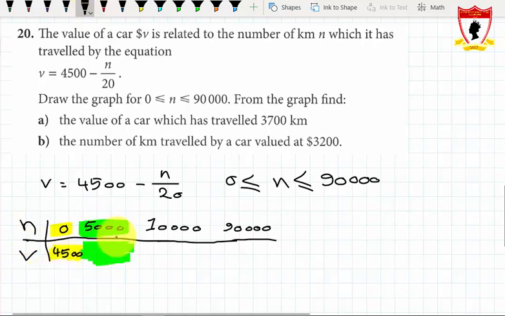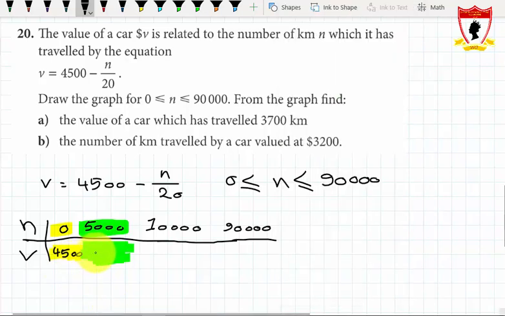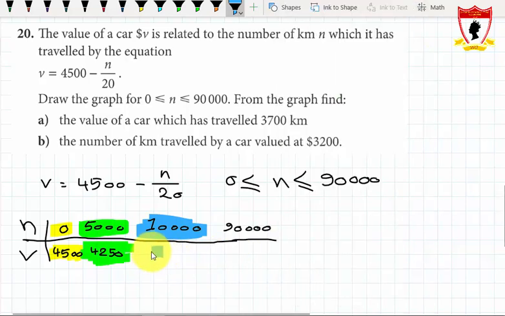When we put 5,000 in place of n, we get 4,250. Now for the 10,000, we use the same equation: 4,500 minus 10,000 over 20 is equal to 4,000.